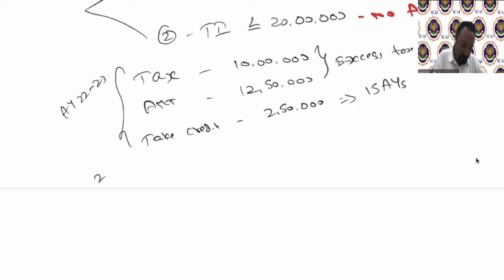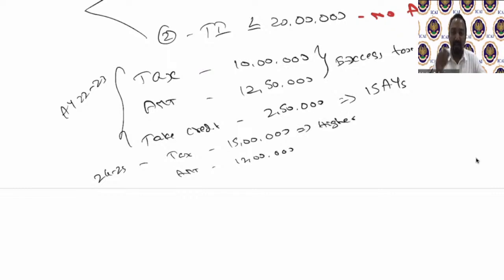Now in 24-25, let's say my regular tax is 15 lakhs. My alternate minimum tax is 12 lakhs. Now I'm going to pay tax under the regular slab because this is higher.